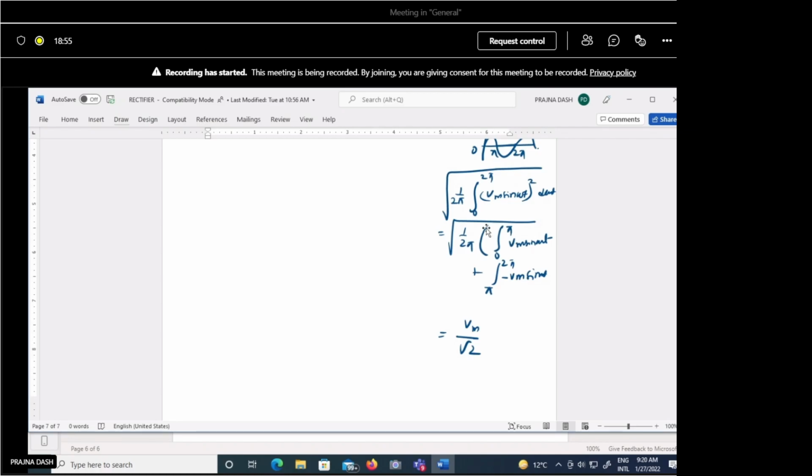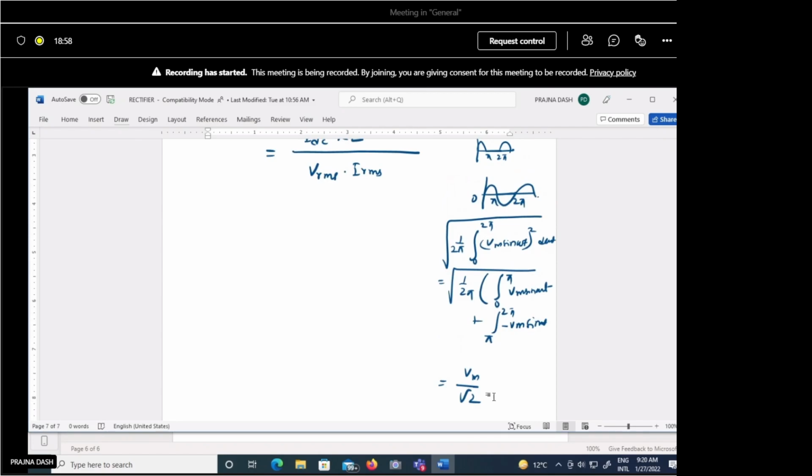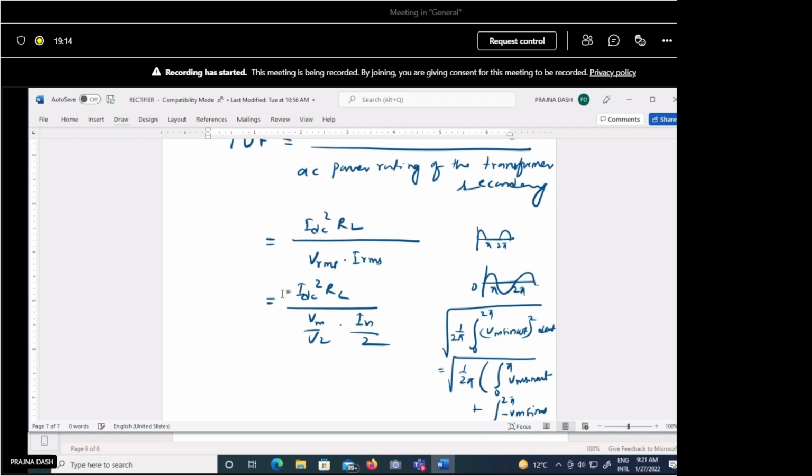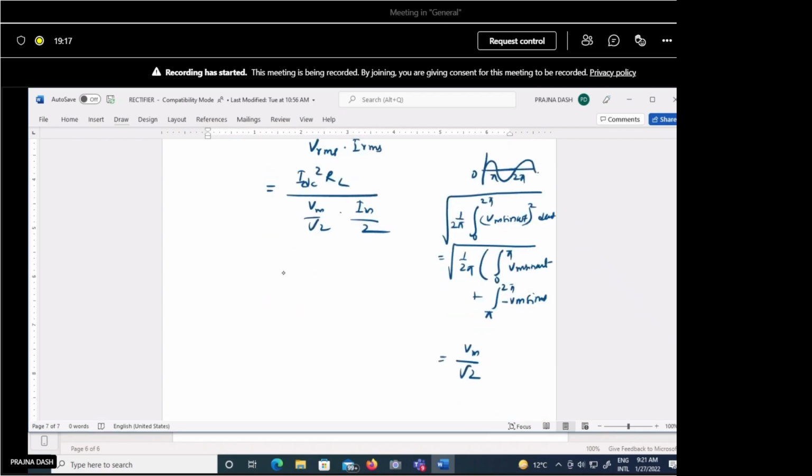Okay. So normally for a sinusoidal waveform, the RMS value is Vm by root 2. If you put this value in this condition, the numerator is IDC square into RL, and the denominator is Vm by root 2 into Im by 2. Simplifying, IDC is Im by pi, so this is Im by pi whole square into RL, and the denominator is Vm into Im by 2 root 2.